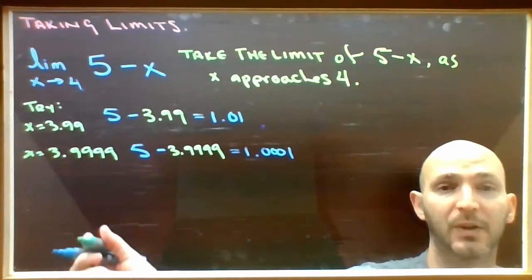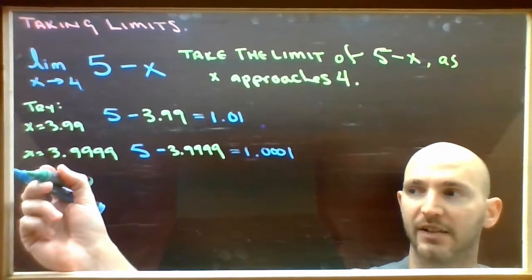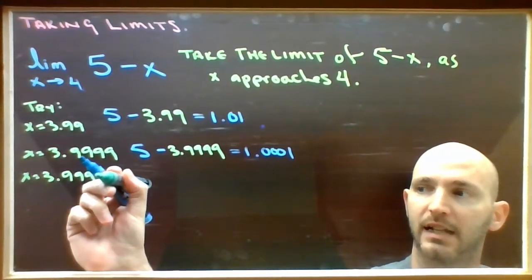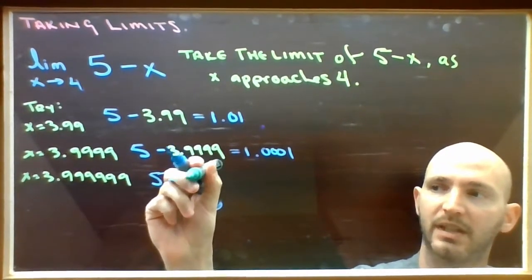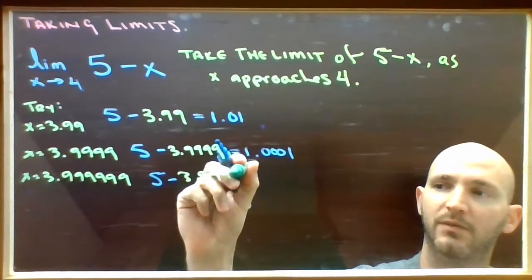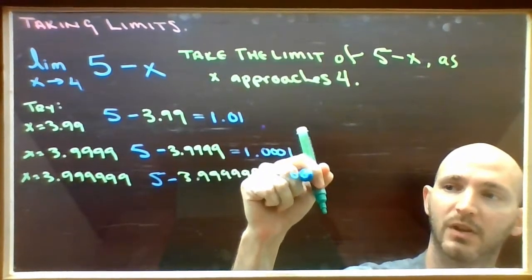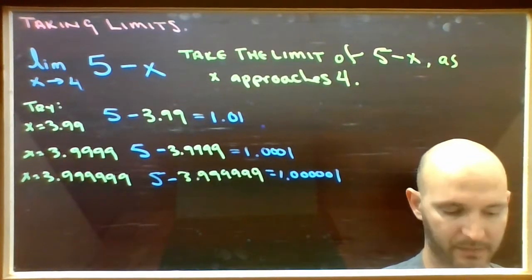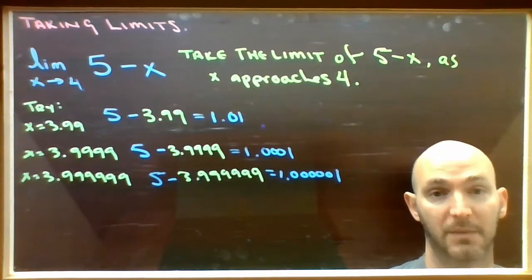So for a third number that's even closer to 4 than that, I'm just going to add 2 more 9s. 3.99999, so 5 minus 3.99999 equals 1.00001.